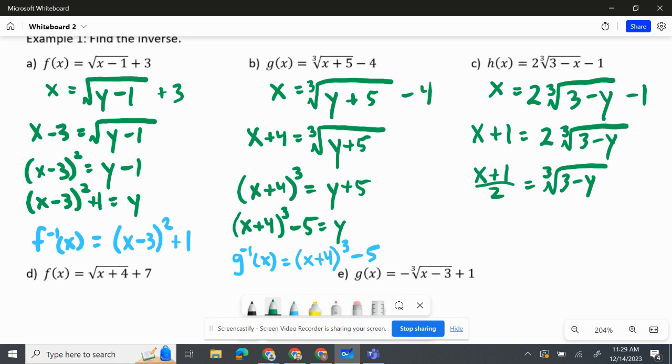Then I'm going to cube both sides. And I'm cubing the binomial, but the 2, when I cube it, it becomes an 8. So I'm going to subtract the 3.